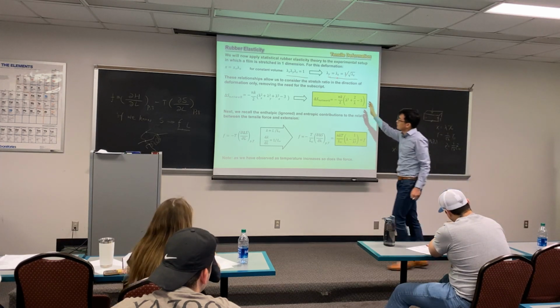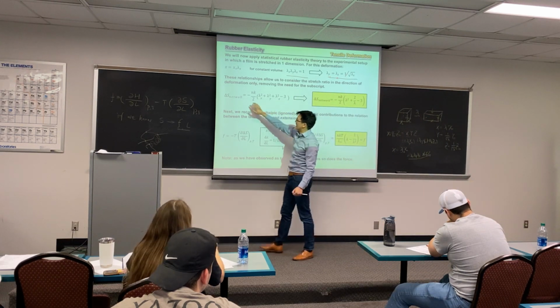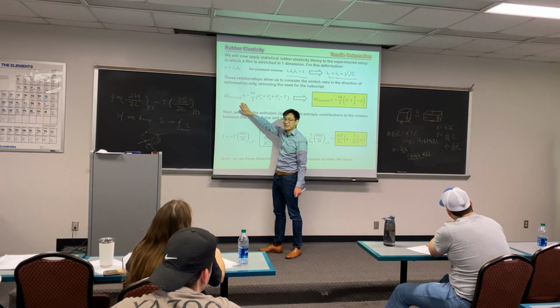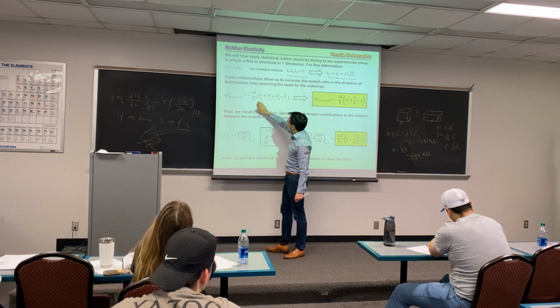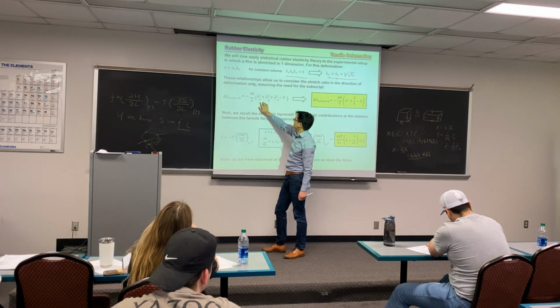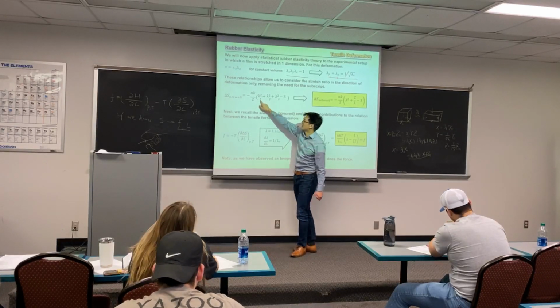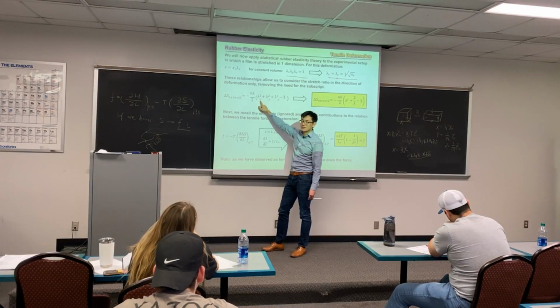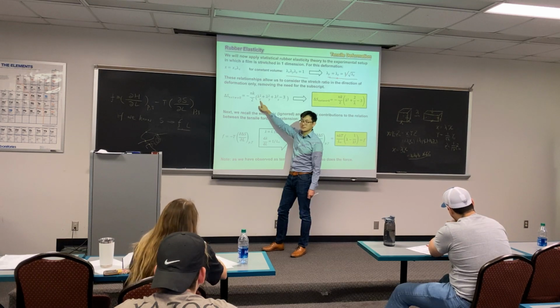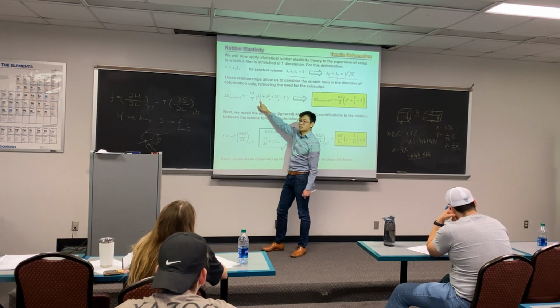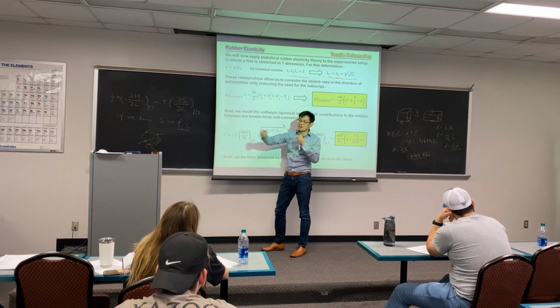Okay? So apply this into the delta S network we had in the last slides. We can now replace lambda x, lambda y, lambda z. What is lambda x? It's lambda. Lambda x square will be lambda square, because lambda x is prime in the deformation direction.